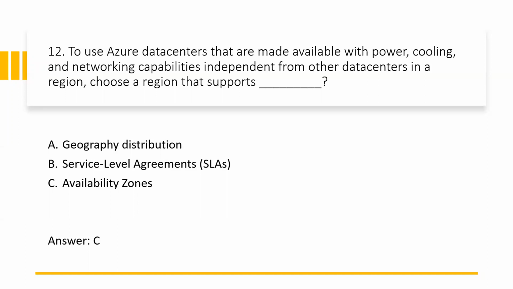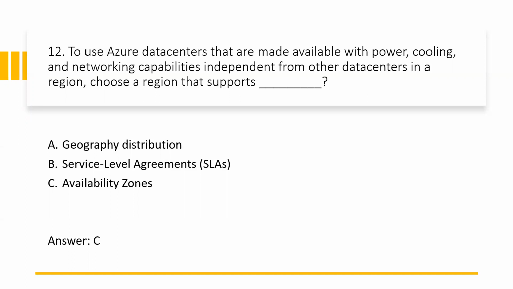So I will explain this question. What is an availability zone? Azure has regions all over the world. Each region has a minimum of 3 availability zones, and each availability zone has one or more data centers. So even if one data center fails, you can still access your resources using another availability zone or another region.